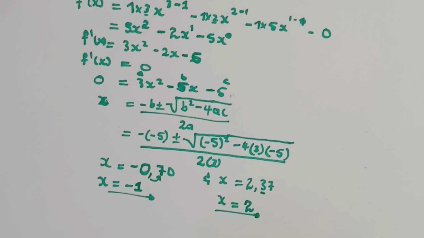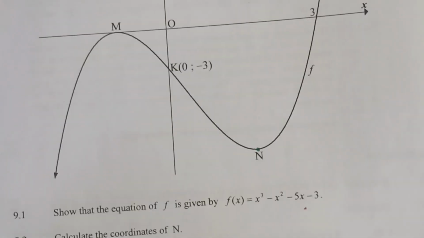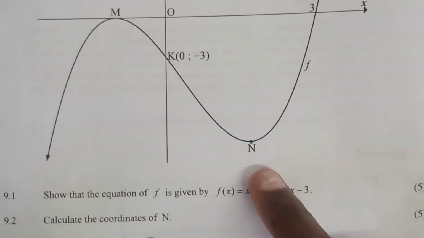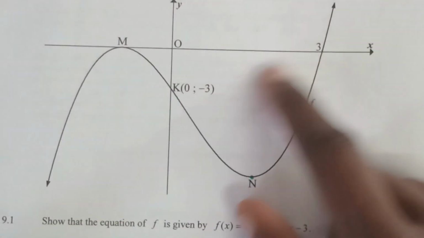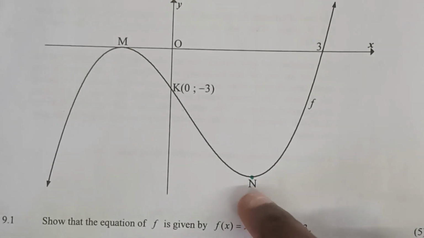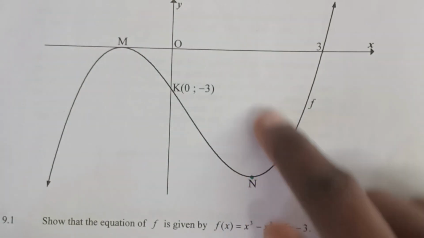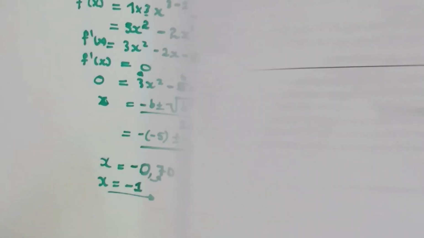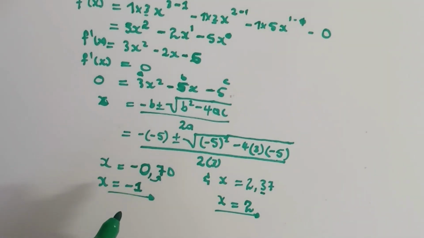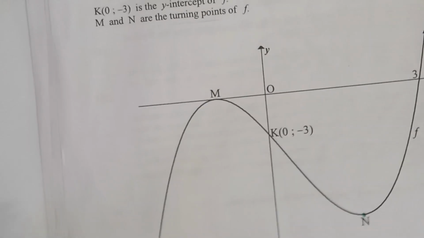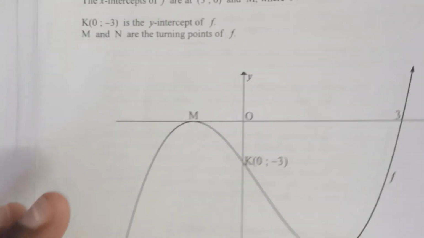So n here is on the positive x-axis, so now it should be +2, and then m here should be -1, if you can take note of that.